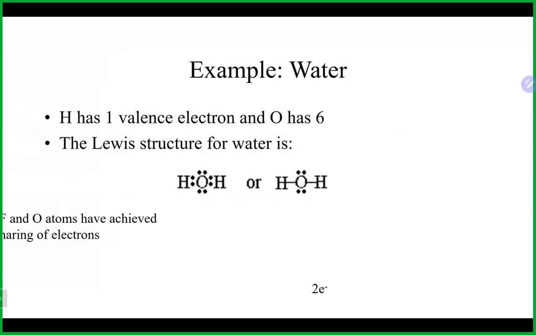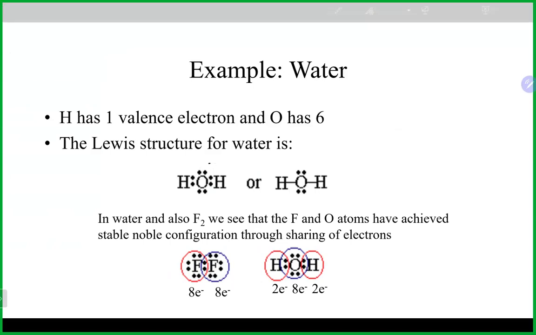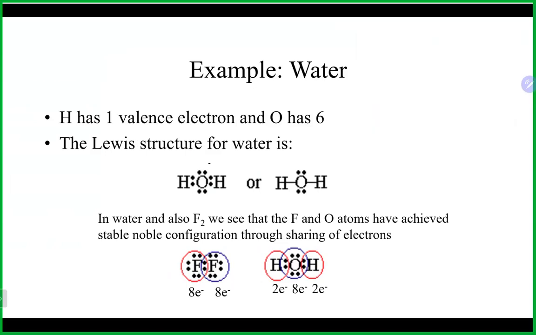Another example of this sort of sharing to get everybody to the right number is water. Water is actually sharing some electrons. The oxygen is sharing electrons with the hydrogens. By sharing electrons with both of the hydrogens, this oxygen is able to achieve 8 valence electrons.